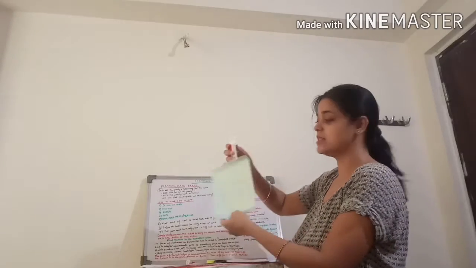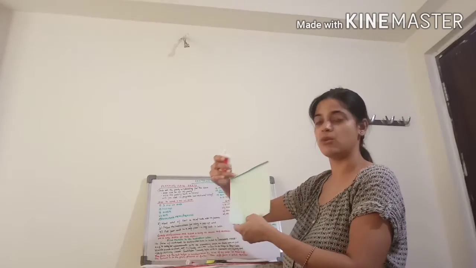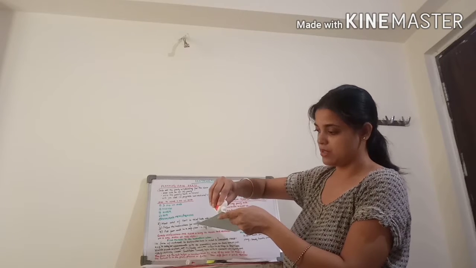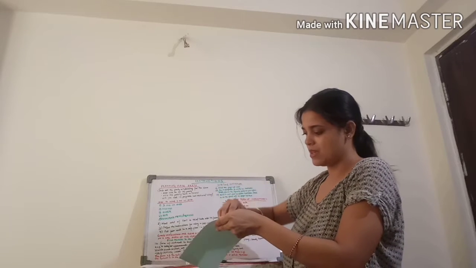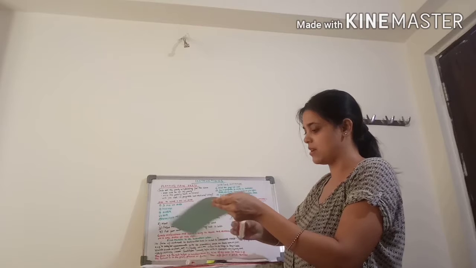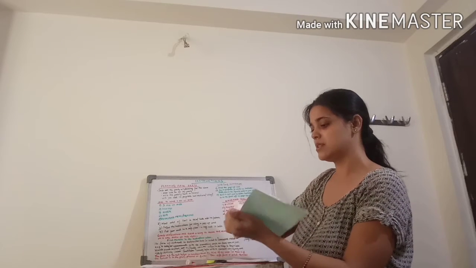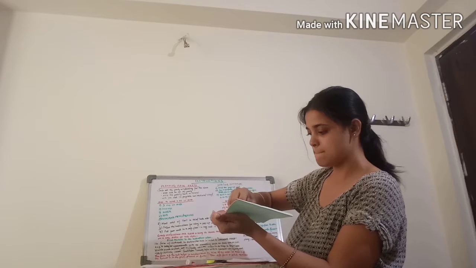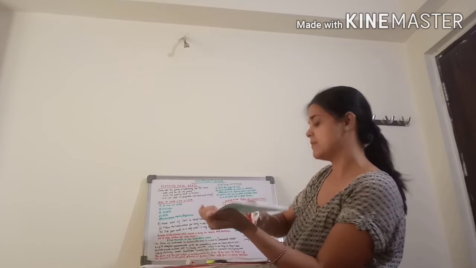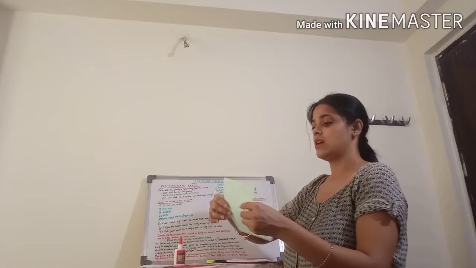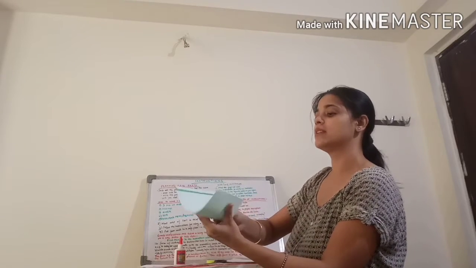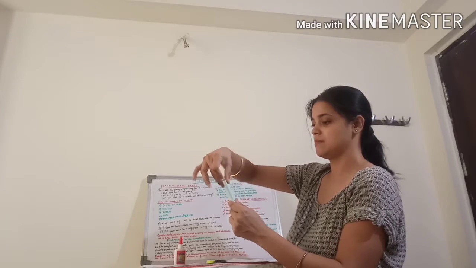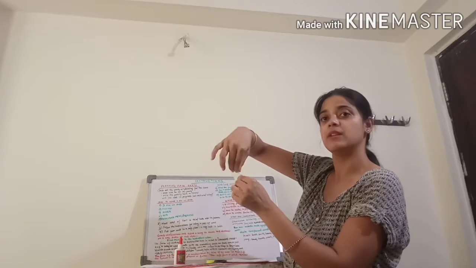put the glue in its sides, the ones that you have folded. So I am putting the glue in its sides right now. Done. Now I will fold it again this way from the middle.